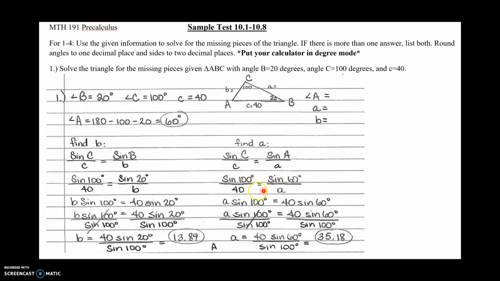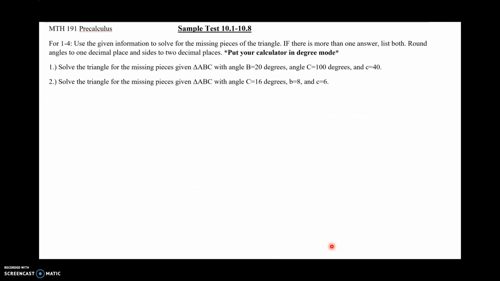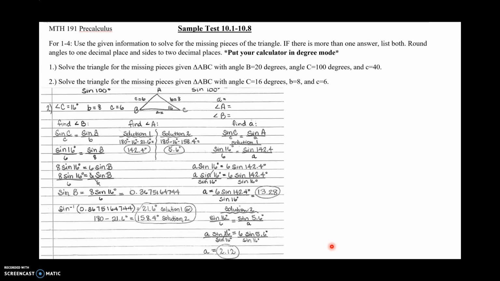So a times the sine of 100 is equal to 40 times the sine of 60. Divide both sides by sine 100 and throw this whole thing into your calculator, and you'll have little a, side a, is 35.18.